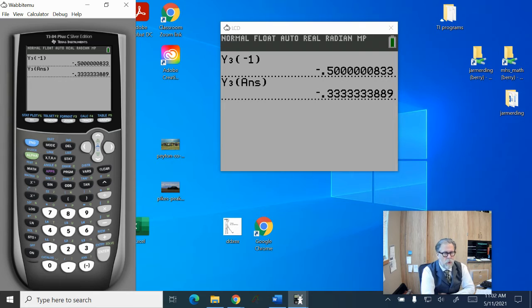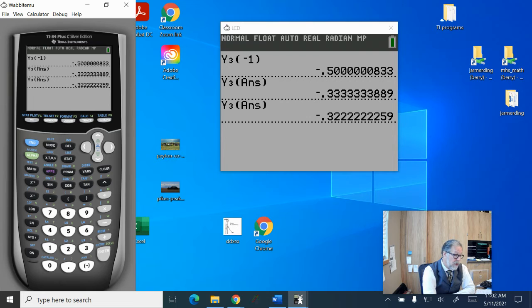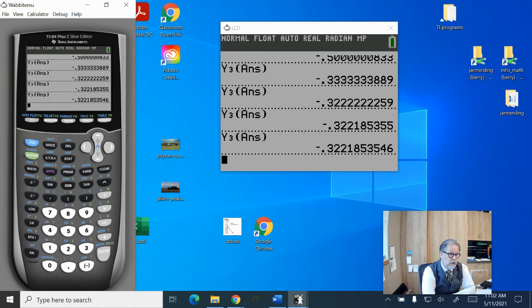Now, here's the cool part. That's x sub 0, x sub 1, that's x sub 2. To find x sub 3, all I have to do is tap enter. It will recalculate y3 using the previous answer. So there's x sub 4, x sub 5, x sub 6. You can see it converging.